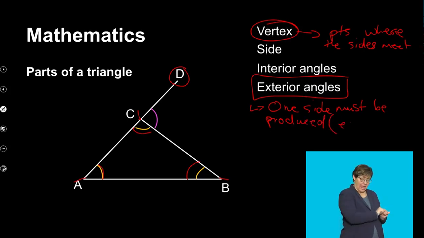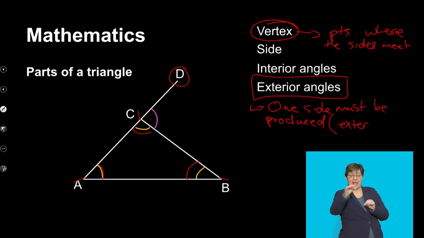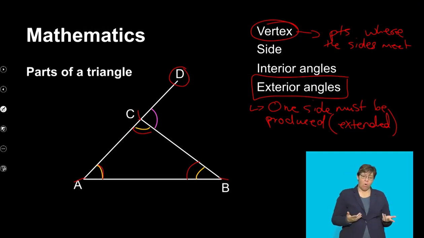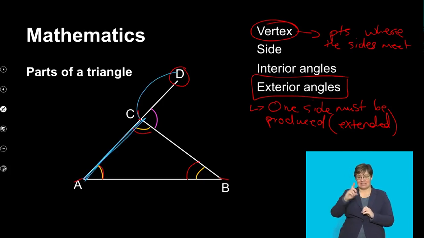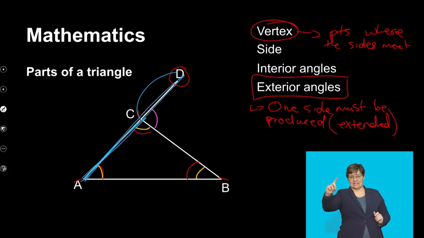Produced means extended. In order for us to talk about an exterior angle of a triangle or even of a quadrilateral, which we're going to talk about at a later stage. But for it to be considered an exterior angle, one side, let me show you. Here's my side here. This side AC. Side AC is extended up until D there so that it becomes one straight line.